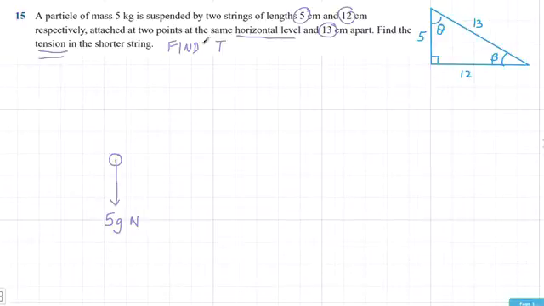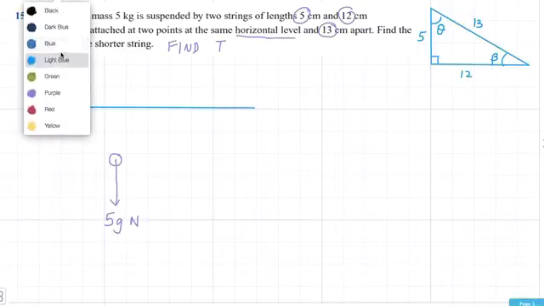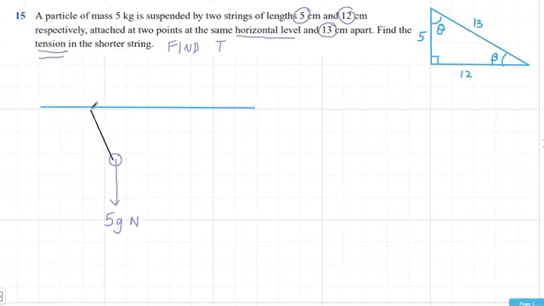So if I draw this now, we can see we've got 2 strings, which would be these sides, the 5 and 12, 13 centimeters apart off the same horizontal level, which means you've got like a ceiling, and then you've got 2 strings. I'll do the strings in blue. There's a short one and then a longer one, and then your right angle here, and you've got 5 centimeters, 12 centimeters, and 13 centimeters.